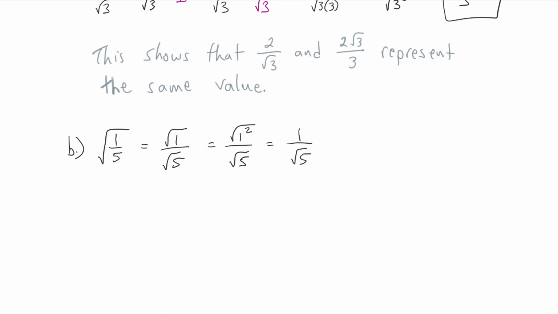So we're going to take that number times 1, but instead of using that version of positive 1, we're actually going to multiply by the principal square root of 5 over the principal square root of 5. So we're going to do top times top, and then bottom times bottom.